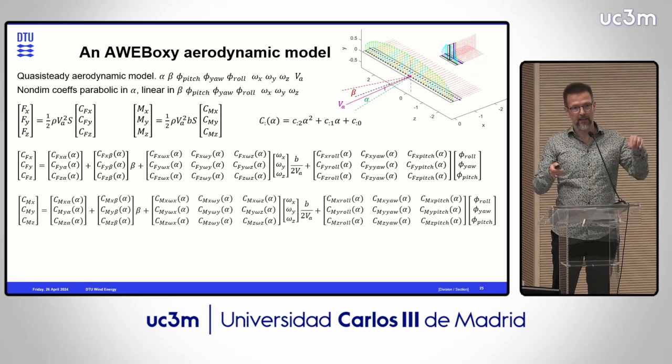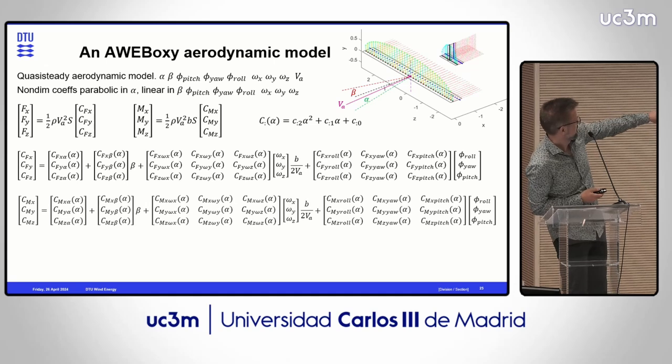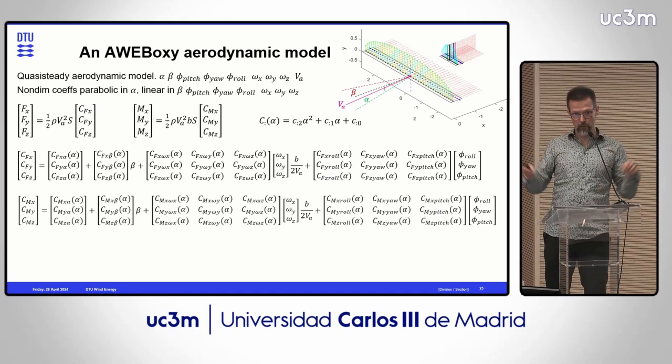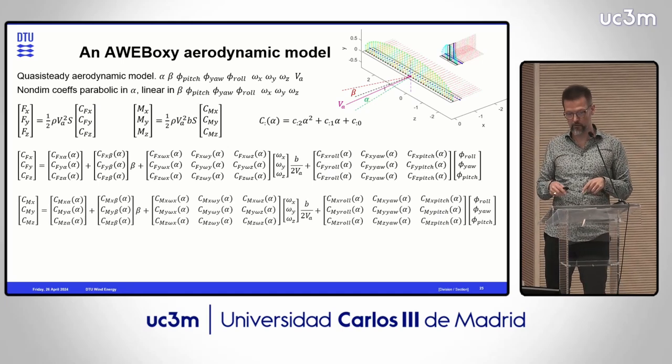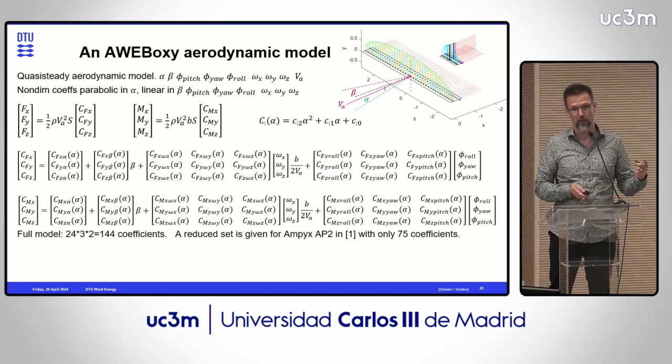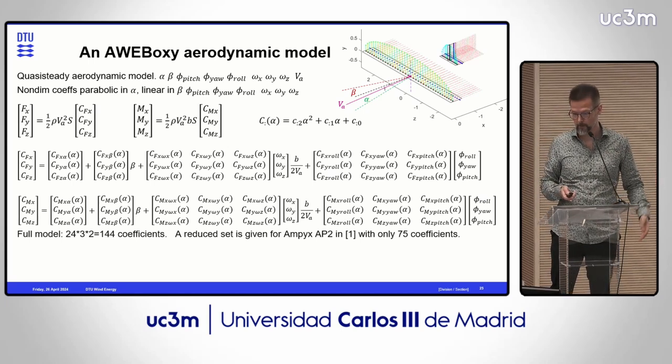And each of these coefficients with an angle of attack is actually calculated like this thing over there. So each of these actually has 3 coefficients. So in total, you have 48 coefficients with 3 coefficients inside of each of them. So in total, you have 144 coefficients in this model. So that's a lot of coefficients.